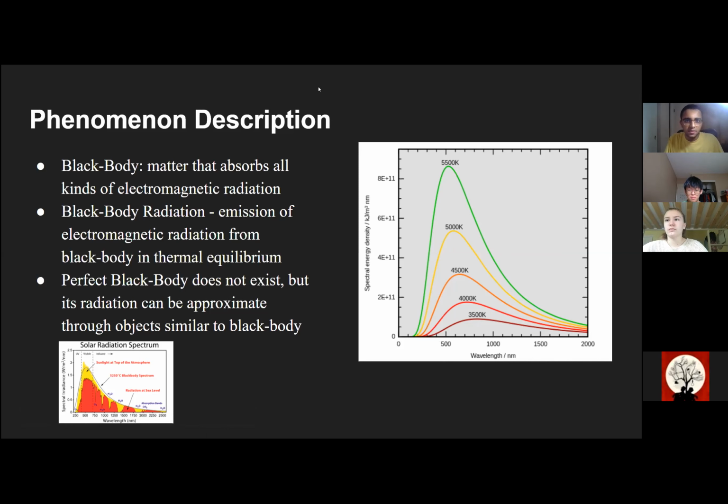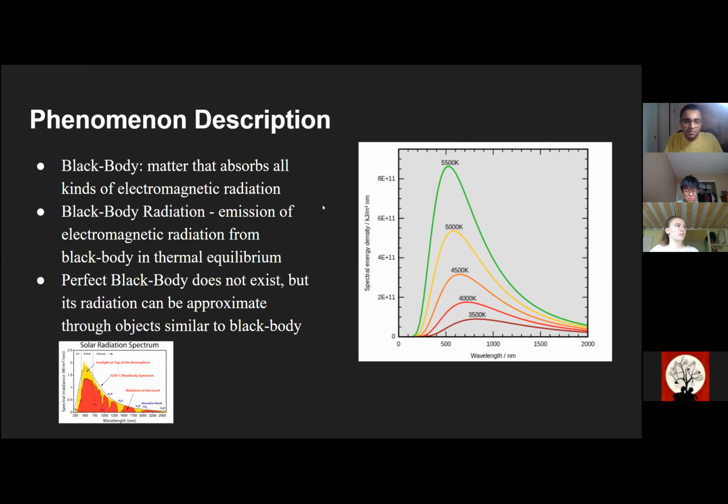They thought that physics was actually dead, but now they observed something that felt different from the classical physics viewpoint. Before I talk about this experiment, I'm going to describe this phenomenon called blackbody radiation. So what is a blackbody? A blackbody is matter that absorbs all kinds of electromagnetic radiation.